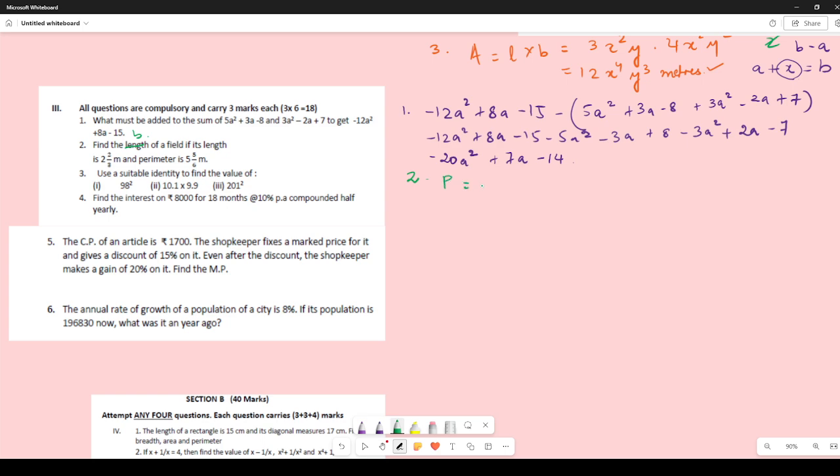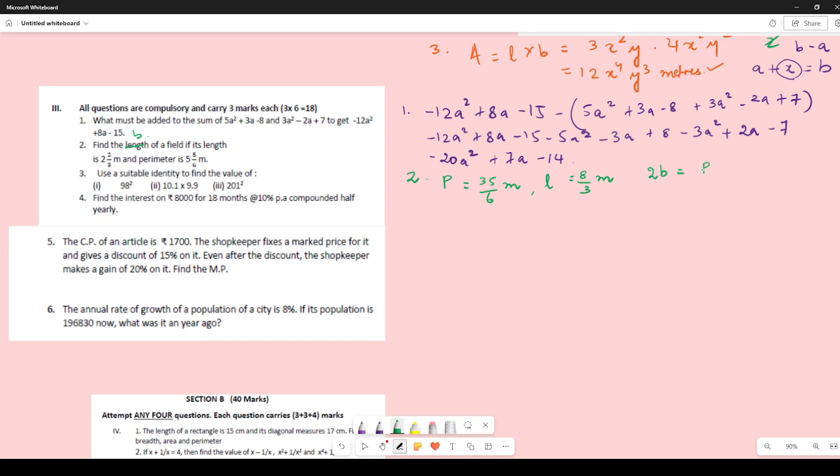So let us take up the perimeter first. Perimeter is 5 by 6 meters. So that makes it 35 by 6 meters, and its length is equal to 2 by 3 meters. Right? Now, breadth will be equal to half of the perimeter minus the length.